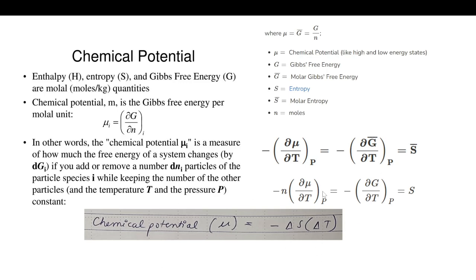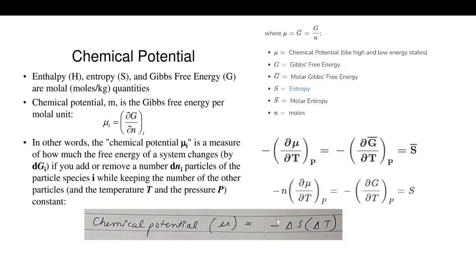So the change in temperature multiplied by your change in entropy, and there is a negative sign because, as I said, del G equals del H minus T del S. From there this negative sign is coming and this chemical potential is given by this formula. To solve this question you need to know this formula, then only you will be able to solve this question.